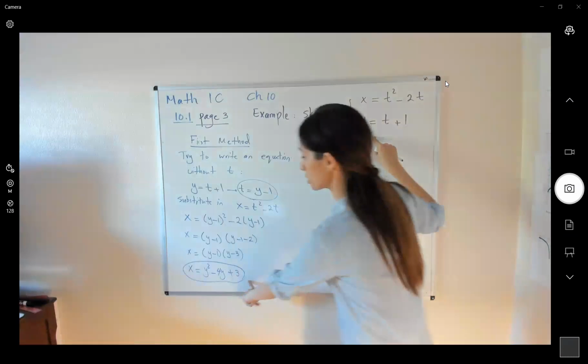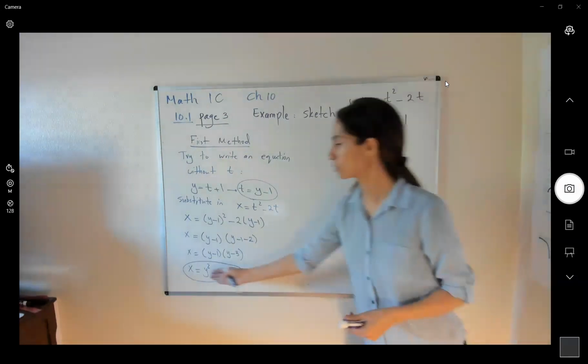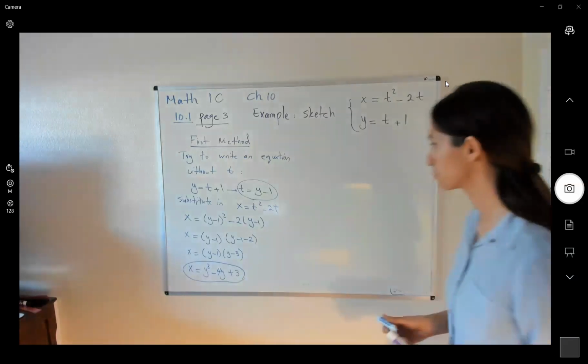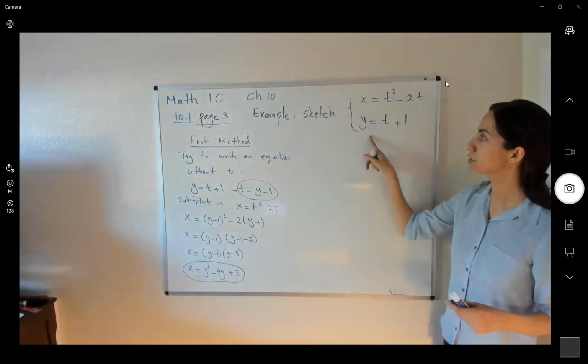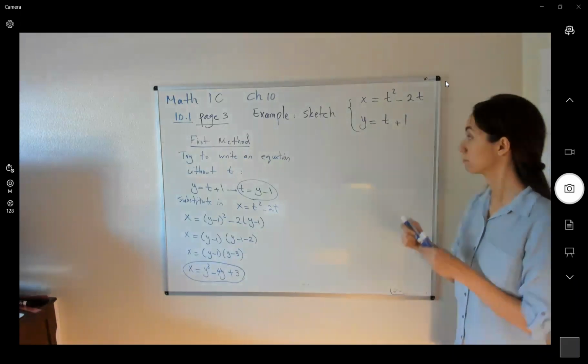These two equations are equivalent to each other. Then we can use Desmos, we can use GeoGebra to graph this line. What if I want to use this parametric equation set directly?